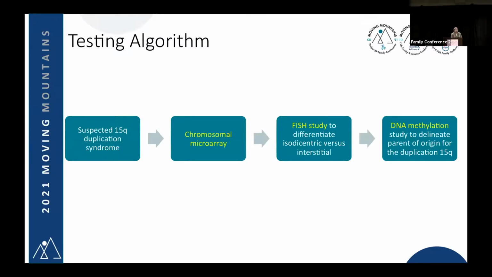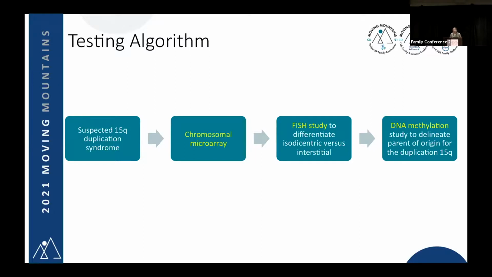So I just wanted to summarize the way we work up duplication 15q syndrome. Usually if someone presents with delays in development or neurodevelopmental concerns, we'll start with the chromosomal microarray, which looks for any missing or extra parts or pieces of chromosomes across all 23 pairs of chromosomes.